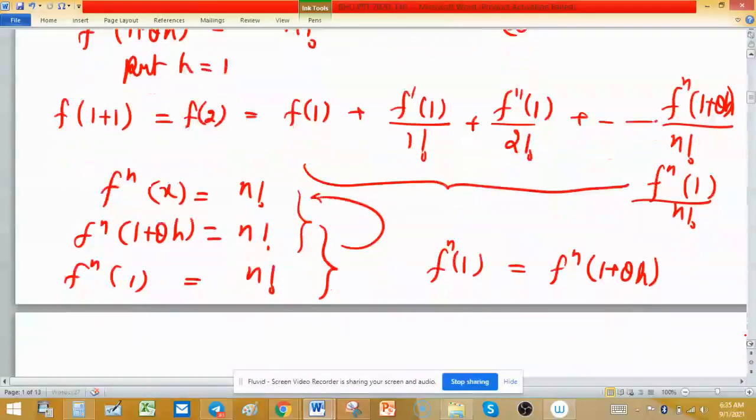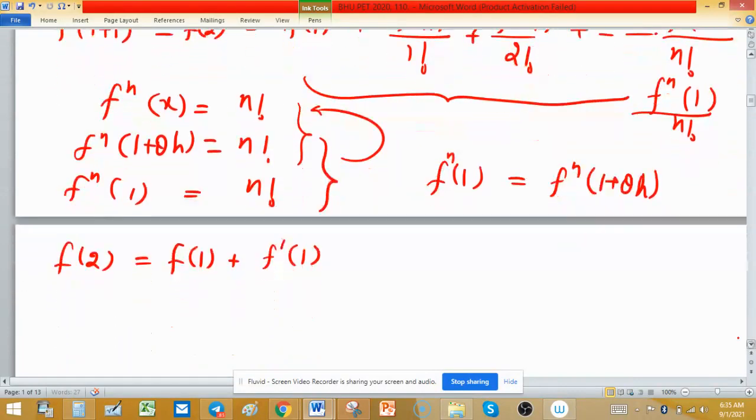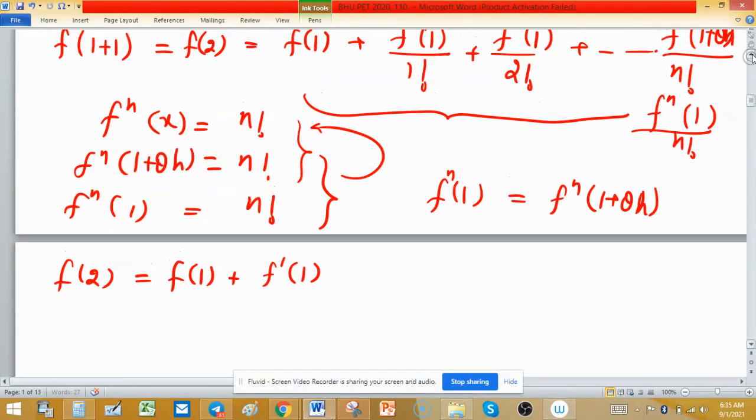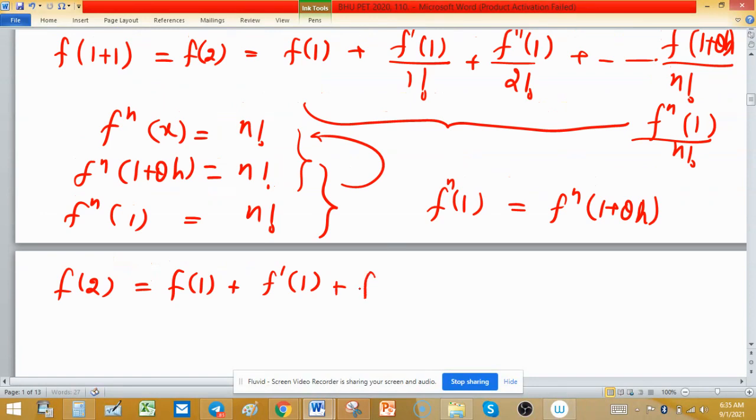So I'm going to use this one: f(2) = f(1) + f'(1) (there is no need to write 1 factorial because 1 factorial is the same as 1) + f''(1)/2! and so on up to f^(n)(1)/n!.